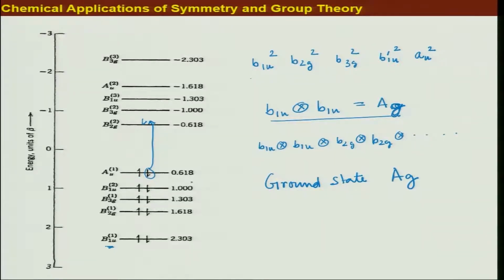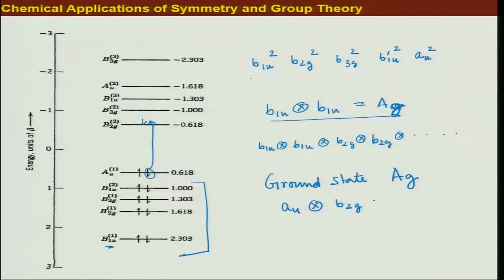So therefore this part is redundant to me when I try to find out the excited state. So then I have this AU and I have to take a direct product of AU to B2G. Now this AU to B2G gives me which particular IR?